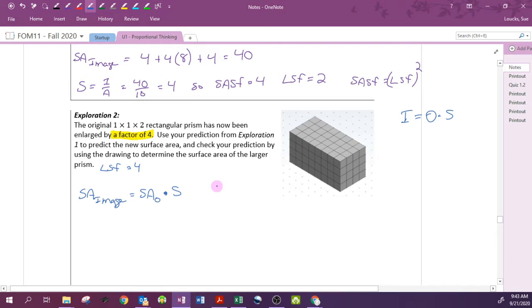In this case, we're using an area scale factor, which would be the linear scale factor squared. So the area scale factor is going to be 4 squared, which is 16.